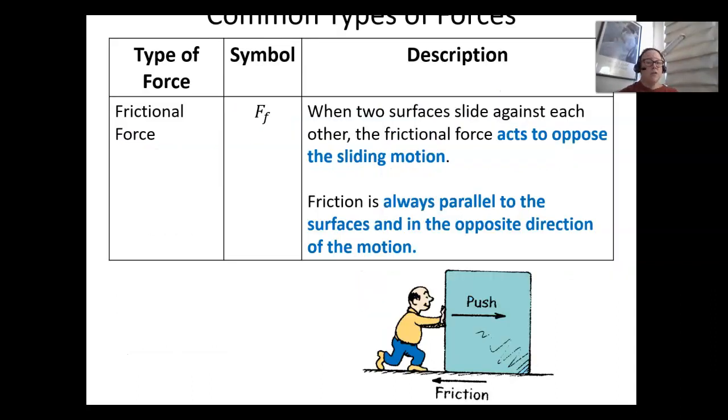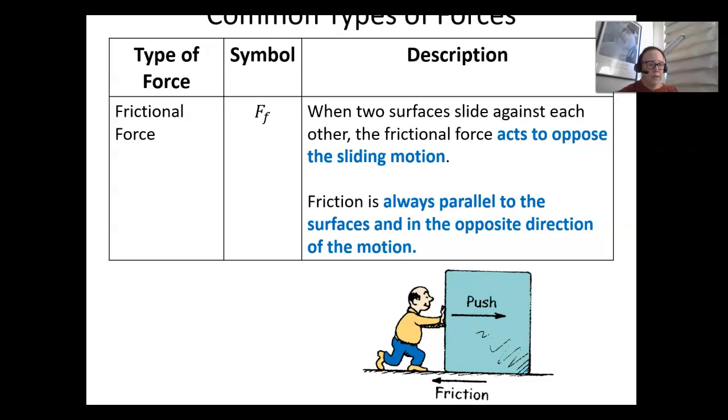Okay. Another common type of force is a frictional force, which is represented as F with a lowercase f subscript. Anytime two objects slide against each other, there is a frictional force that opposes the motion of those two objects.